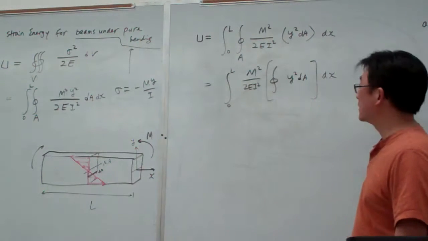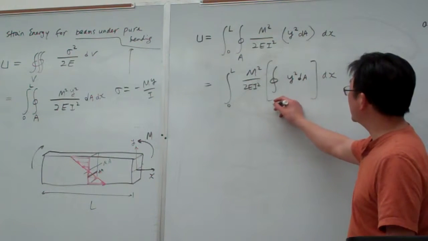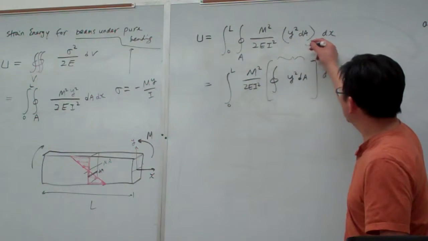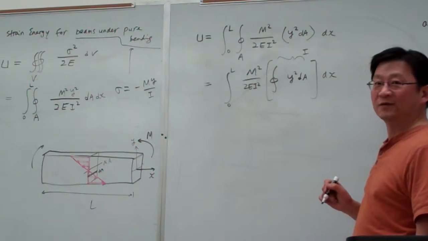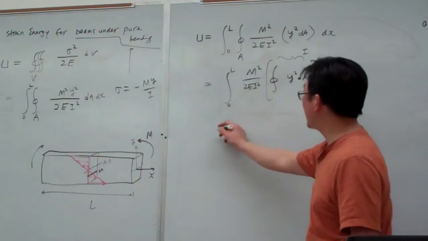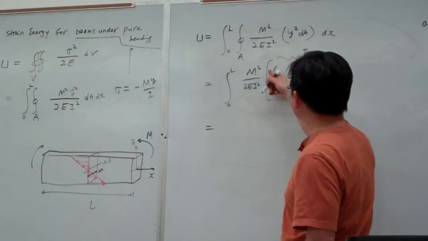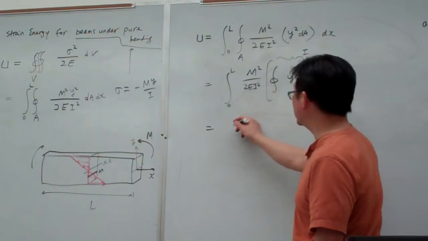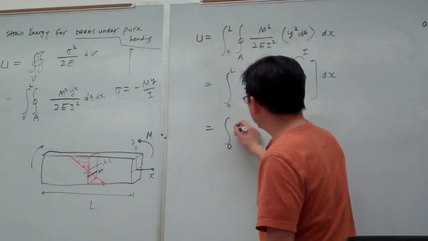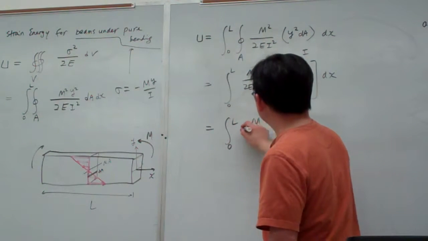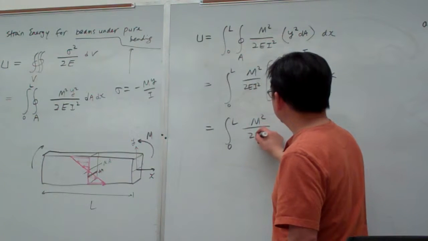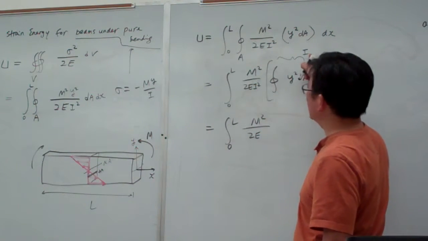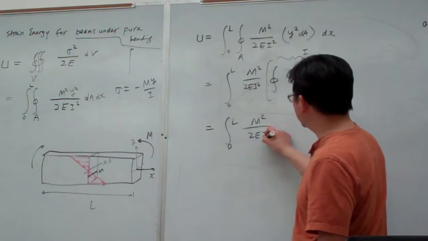And this term actually is how much? This term equals I. So the area integral of this term equals a constant, the moment of inertia, and we can simplify. From 0 to L, M squared over 2E I squared cancels with I, so we leave one I here.